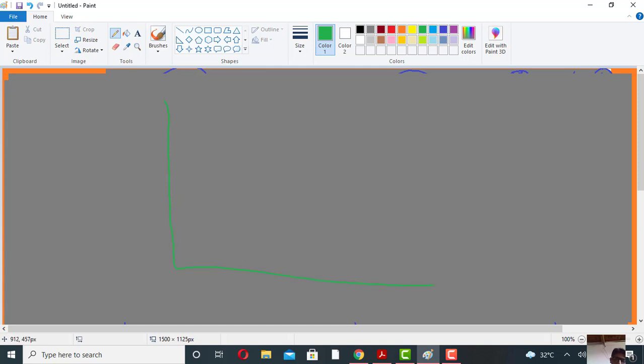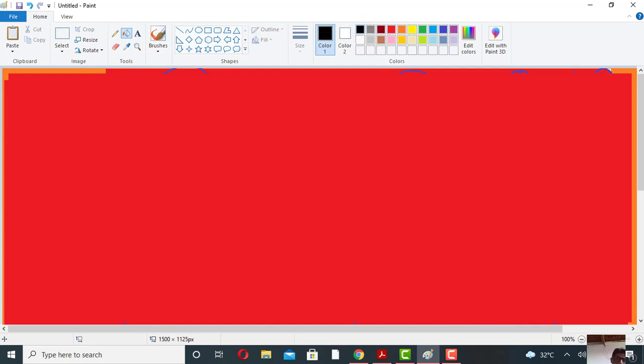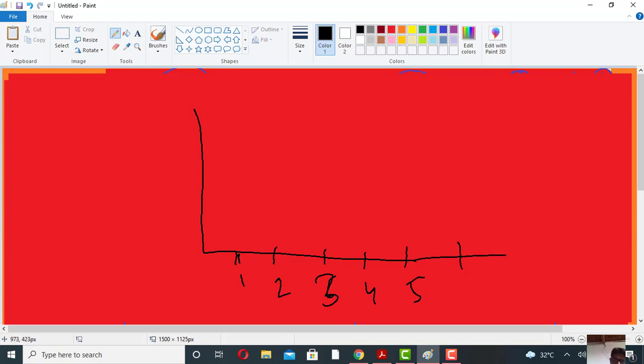This was the graph, with experiments numbered 1, 2, 3, 4, 5, 6, 7.